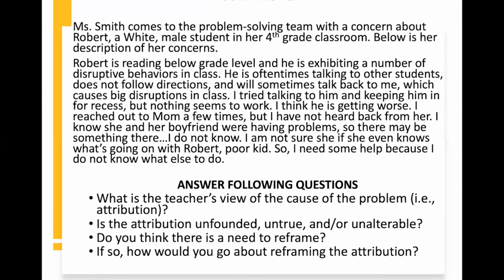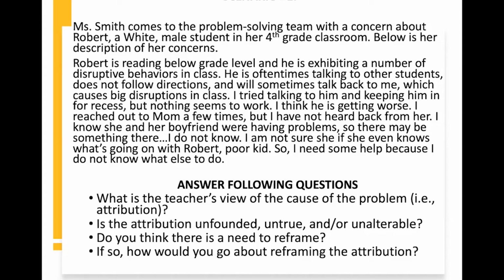Is there a need to do any reframing here? And if so, how would you go about doing it? How would you reframe? So I just want you to take a second and think about that. What's the teacher's view? Is it deficit-based? Do you think there's a need to reframe?